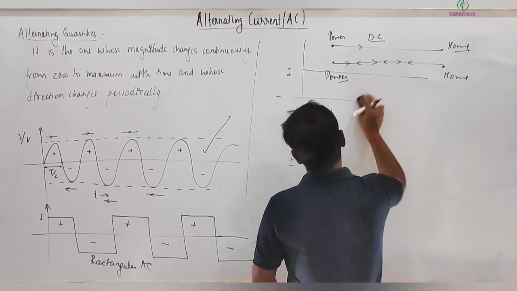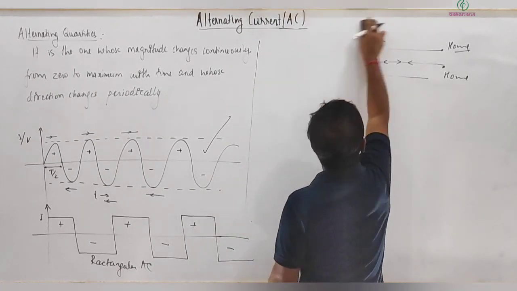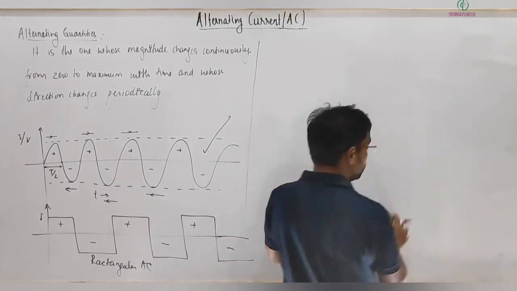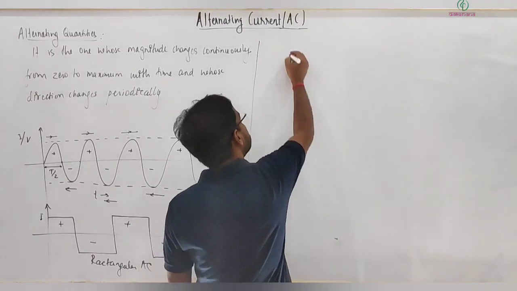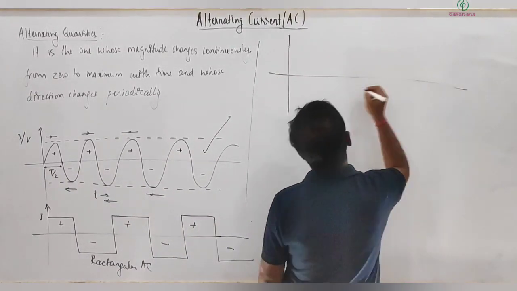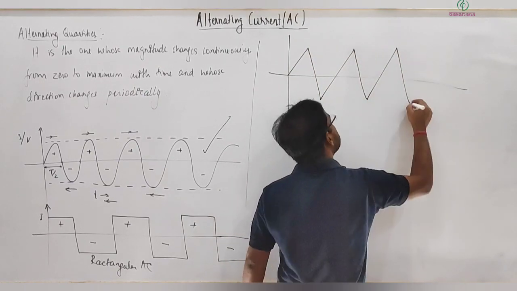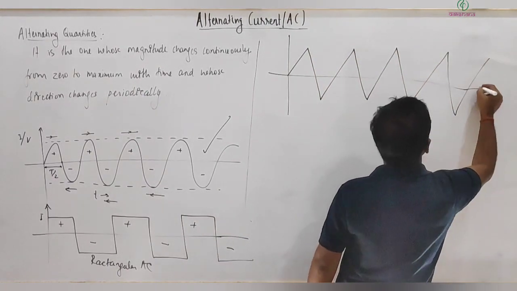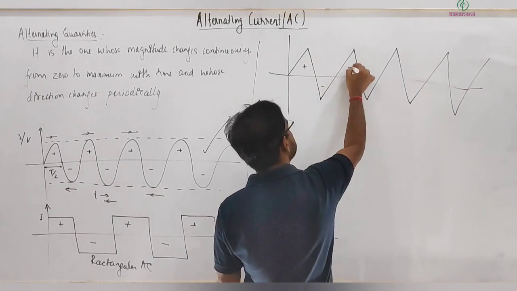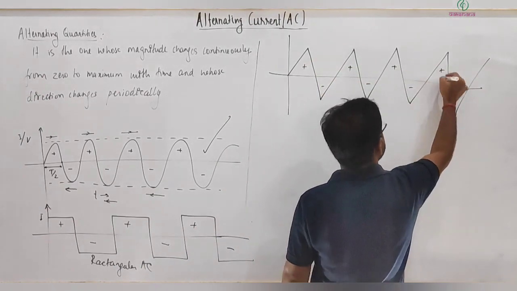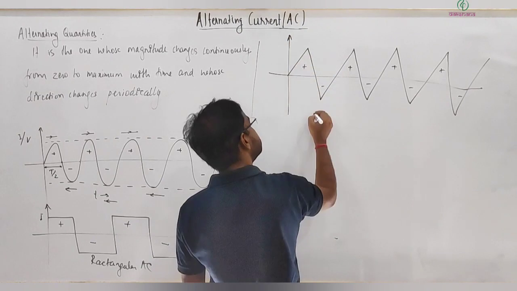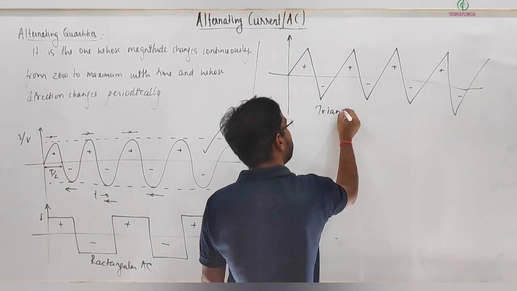So that is also another example of alternating. Similarly, there are different possibilities. It's not like only this is the AC. No, there can be others. Another is triangular. This is also AC, plus minus plus minus plus minus plus minus. This is triangular AC.